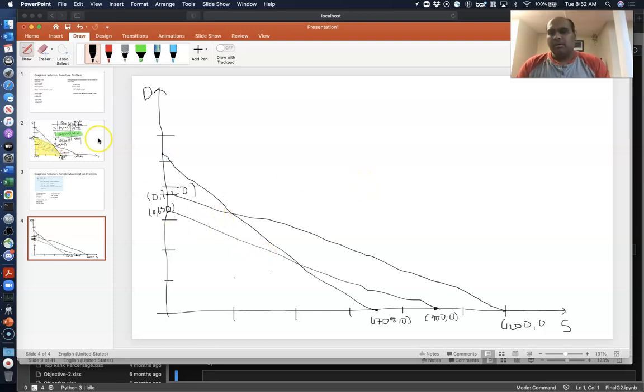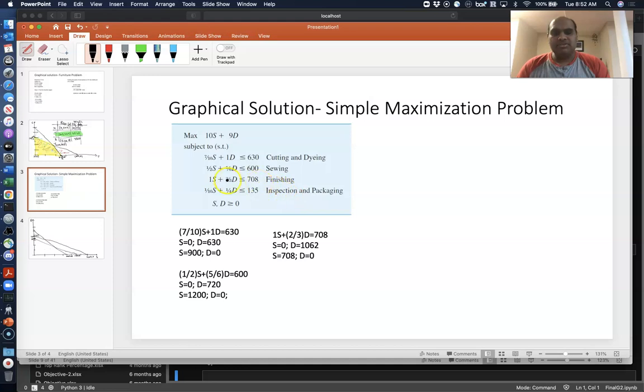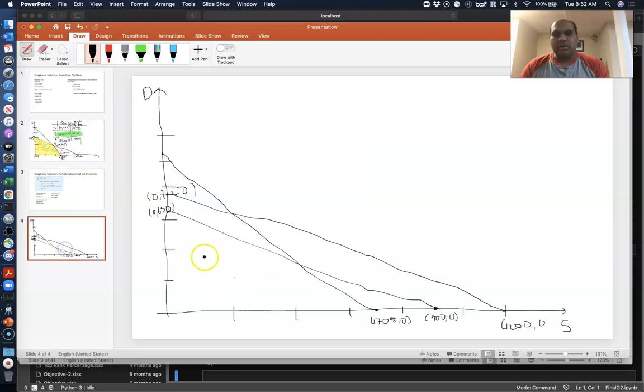All right, so again, because it's a less than or equal to constraint with positive coefficients and positive value on the right hand side, if I take 0, 0 and plug them in here, I will get 0 is less than 708. So all the points towards the origin are part of my feasible region. So right now my feasible region looks like this. So everything towards the origin here, everything towards the origin here, everything towards the origin here, right?